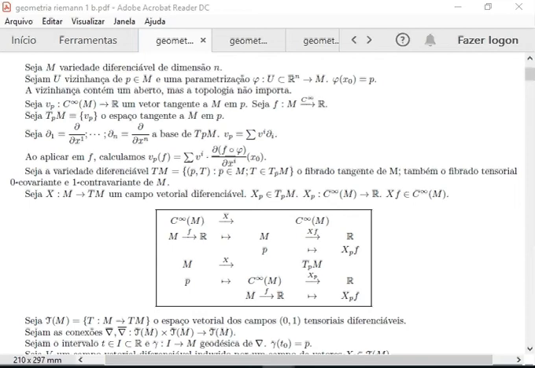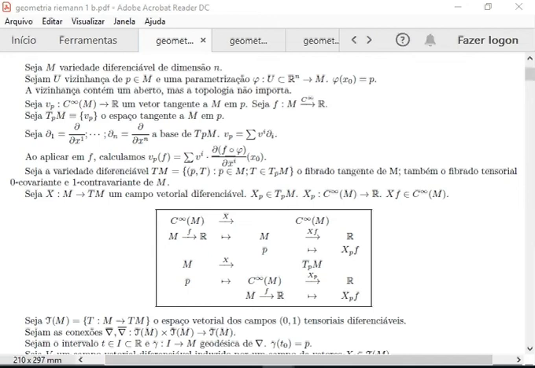Let TpM equal the space of vectors Vp, the tangent space to M at P. Let the bases of TpM be D1, D2, ..., Dn. D1 is equal to ∂/∂x1, ..., Dn is equal to ∂/∂xn.